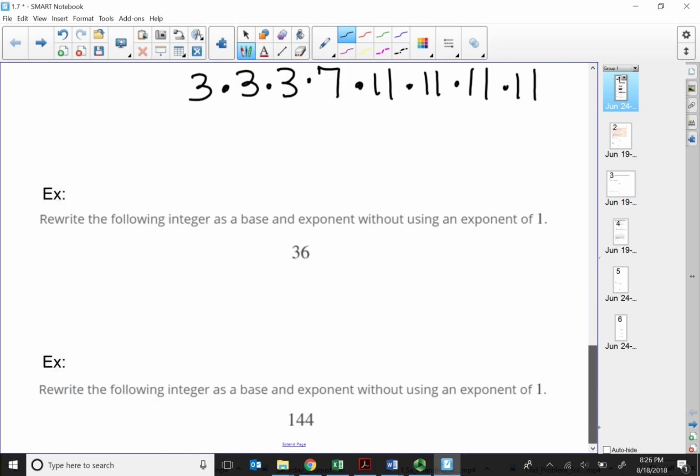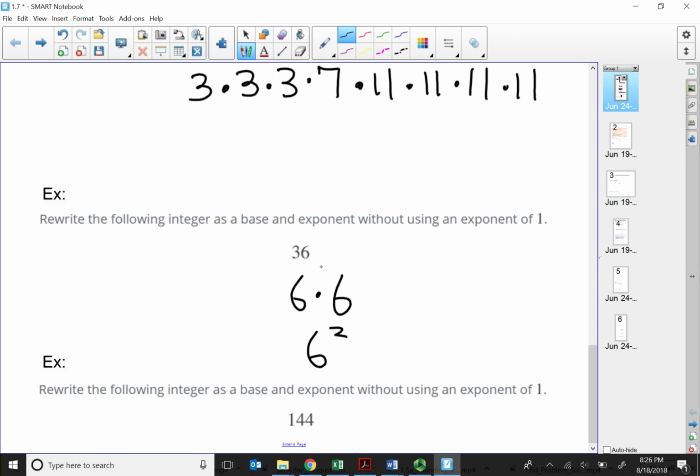All right. Rewrite the following integer as a base and exponent without using the exponent of 1. So 36, if you know your multiplication table pretty well, you know that is 6 times 6, which means 6 to the second power.